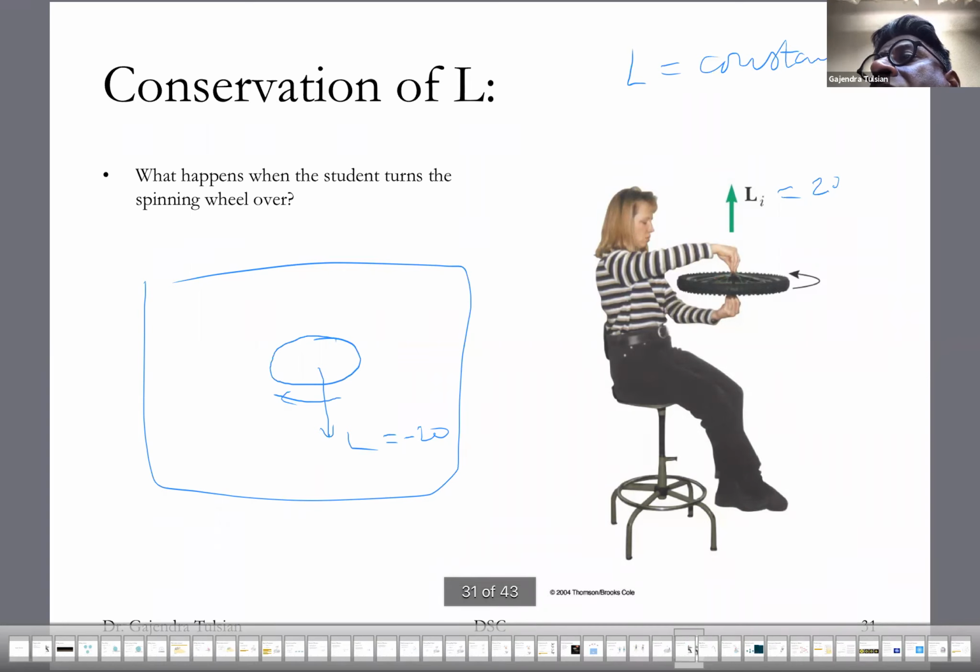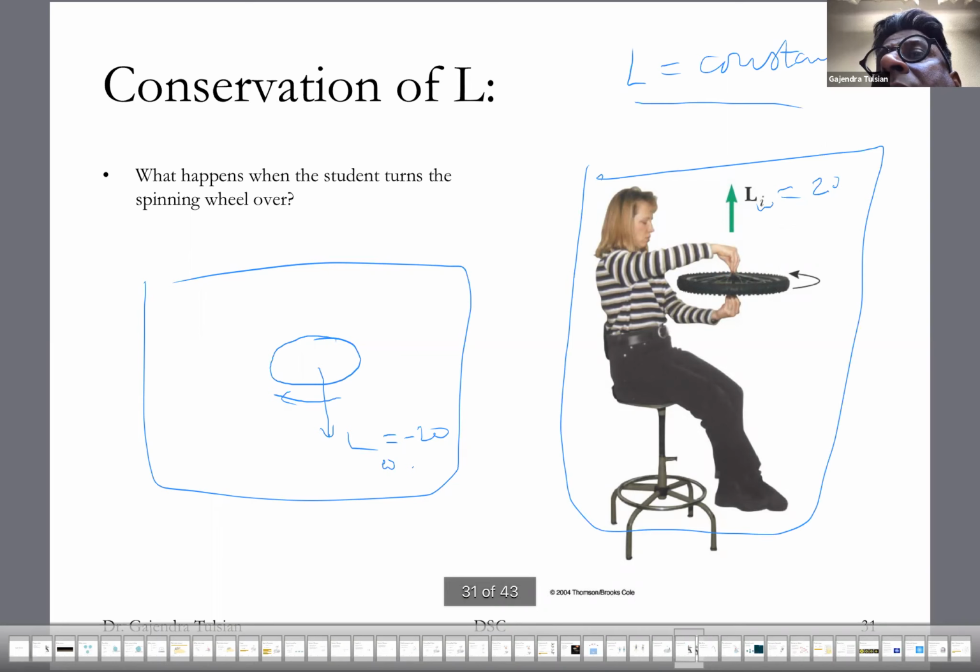Okay. So since the angular momentum of the wheel now is minus 20 units, how can you make the angular momentum of the entire system constant? What ends up happening is, to make sure that L is constant, she starts spinning in that direction. And what is her angular momentum?